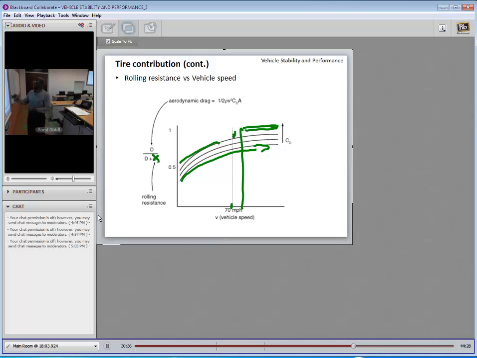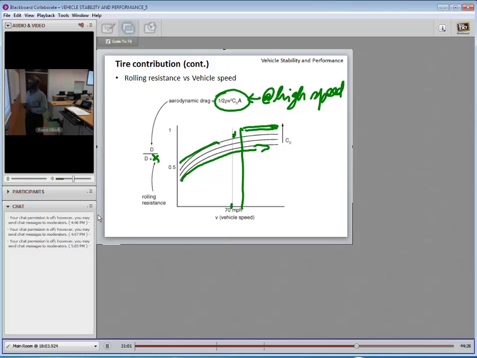So at high speed, therefore, we can literally ignore the rolling drag and just approximate the drag as just the aerodynamic drag at high speed.